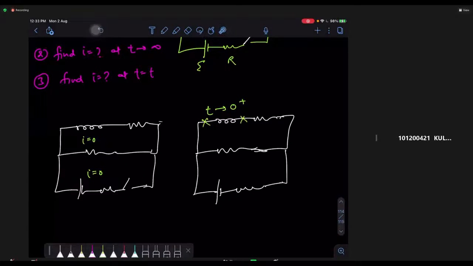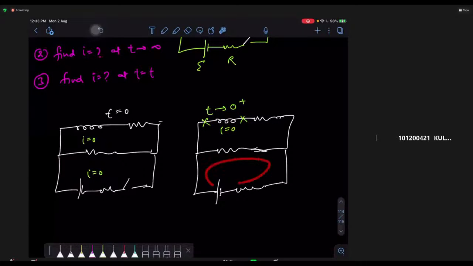So initially my current is 0. Through the inductor the current cannot change suddenly. It will take time. Here I'm just talking about the sudden change. So at time equal to 0, my current is 0, and at time 0 plus, just the moment you close the switch, the inductor does not allow any current. It will be 0 in the branch.